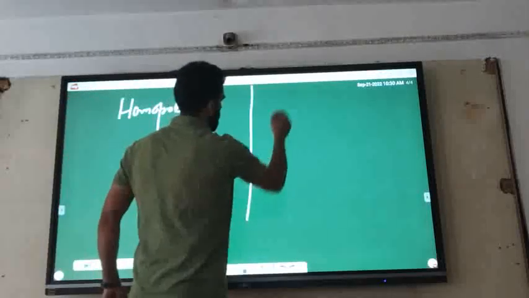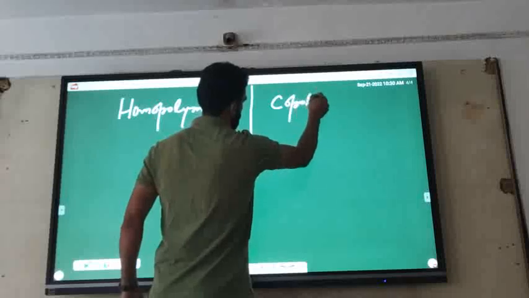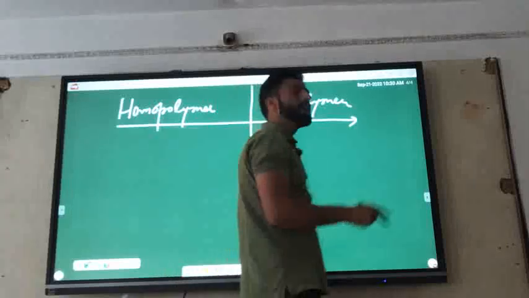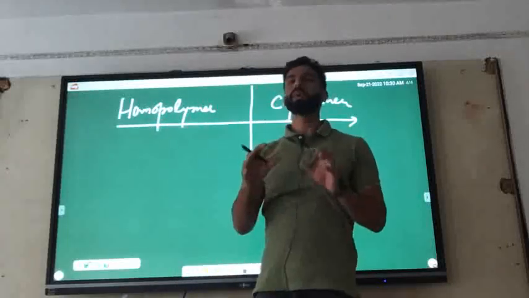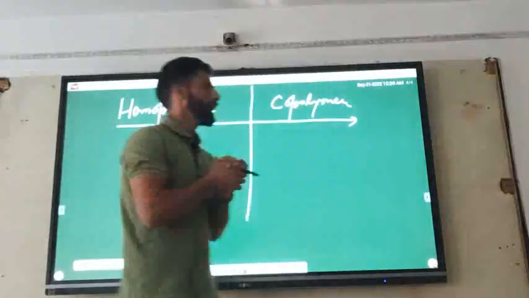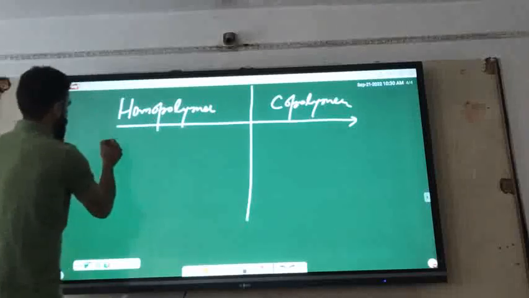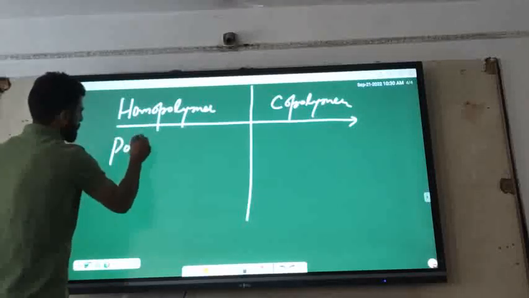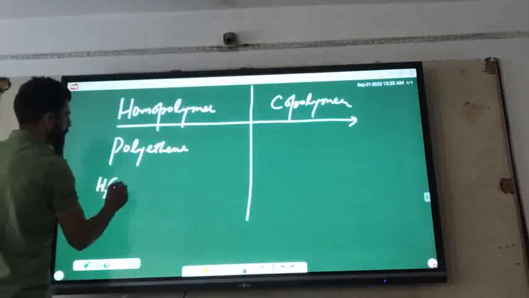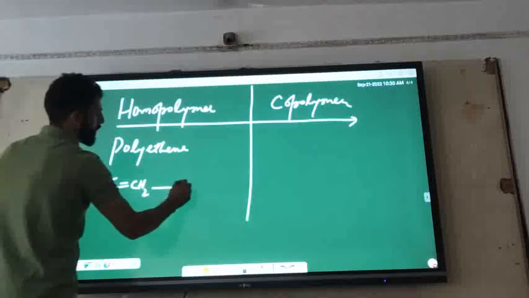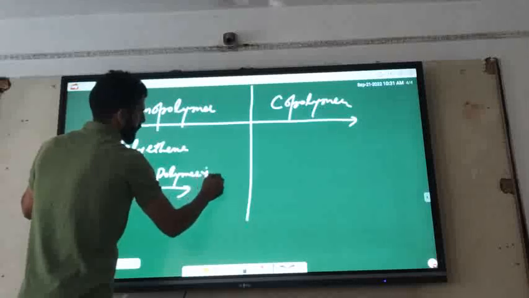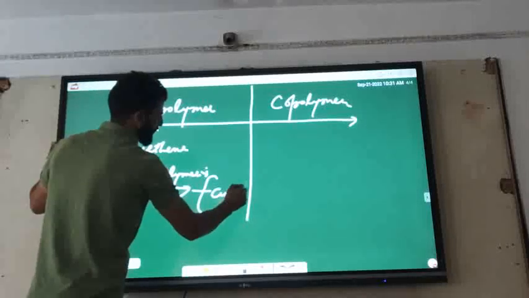So coming to classification of polymers, we have simply homopolymer and copolymer. In the case of homopolymer, the repeating units are the same type. Let's suppose we take an example of polyethylene, where ethene monomers are continuously adding up through the process of polymerization to form polyethylene, like this.